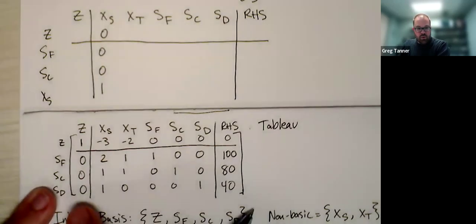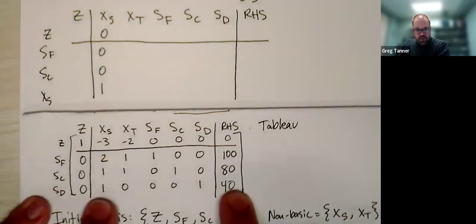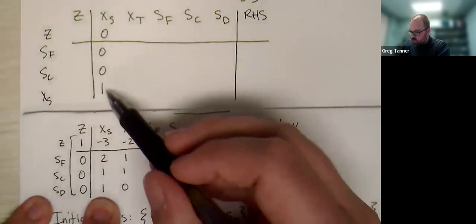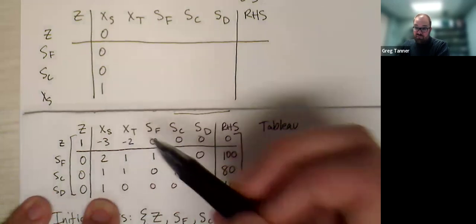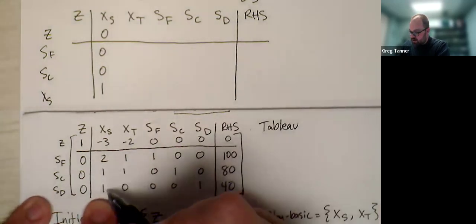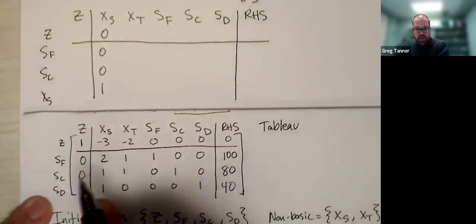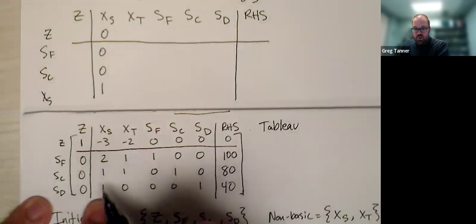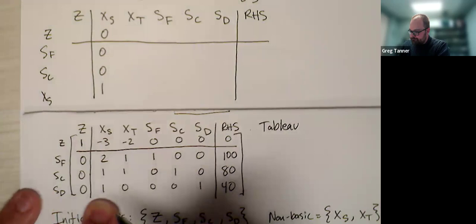Okay. Looking at what we have, if we look at the bottom row, it's got a 1 here. We want a 1 here. And so actually our bottom row in this case is good to go. If there wasn't a 1 here, we'd want to multiply or divide this row by whatever made this turn into a 1. Okay, and we'll see an example of that in a bit.